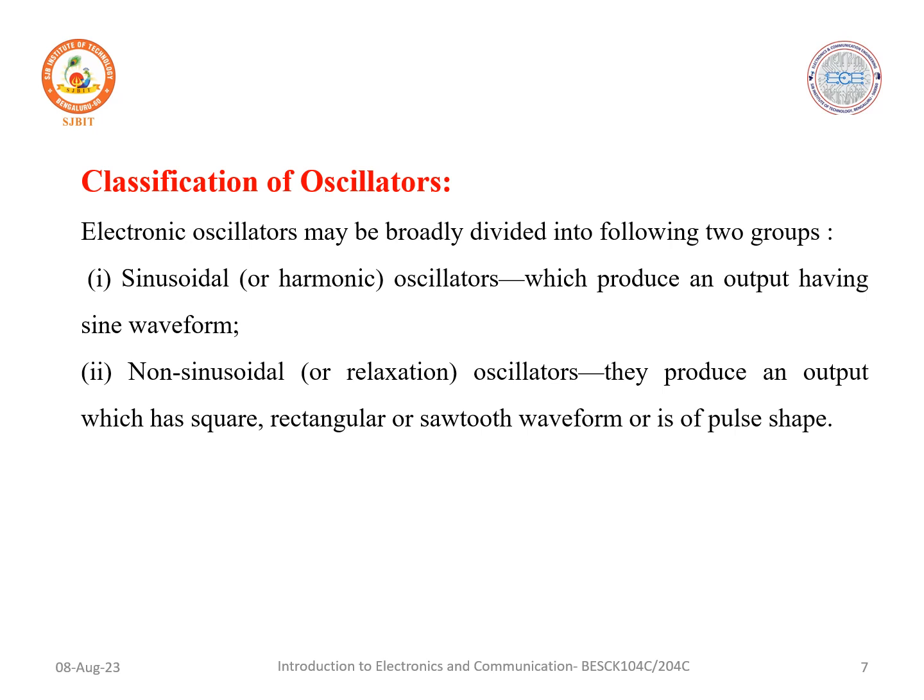Next one, the classification of oscillators. Electronic oscillators may be broadly divided into two groups. One is the sinusoidal oscillator, or you can call it a harmonic oscillator. The second one is the non-sinusoidal oscillator. A sinusoidal oscillator produces an output having a sine waveform.